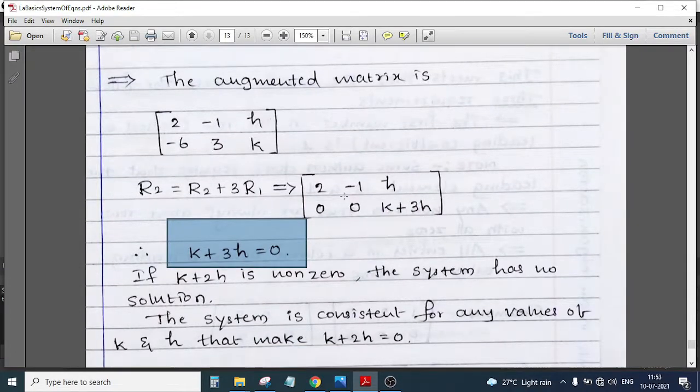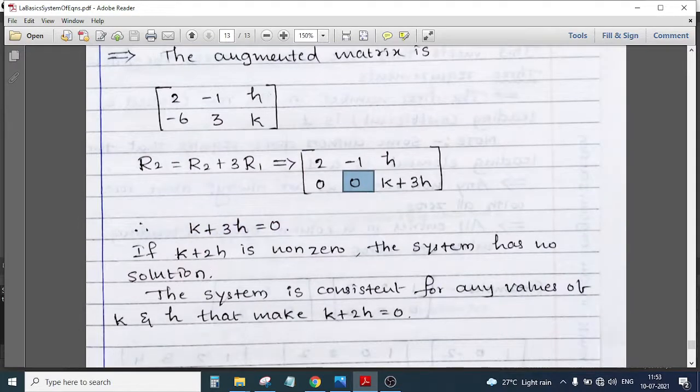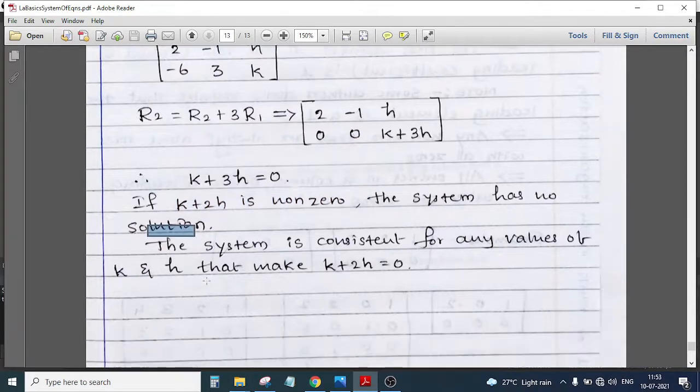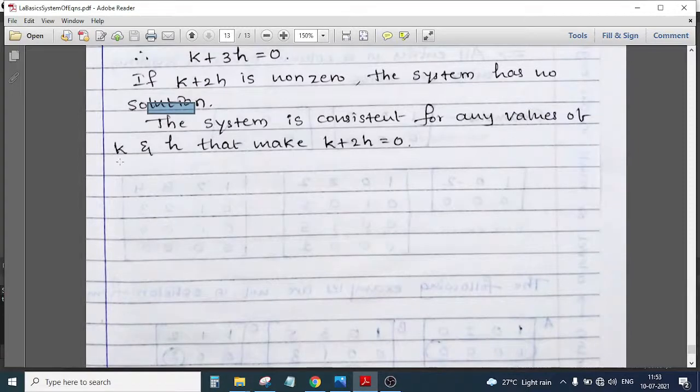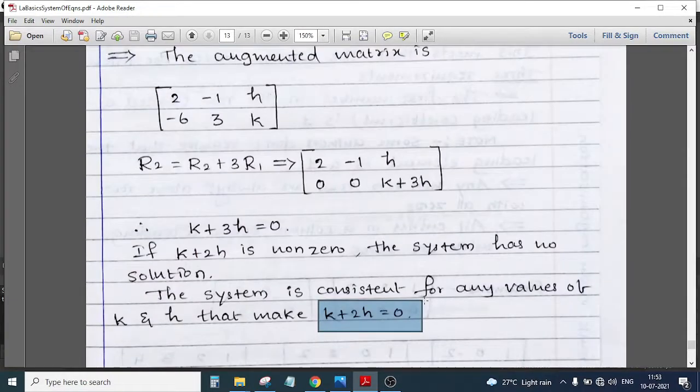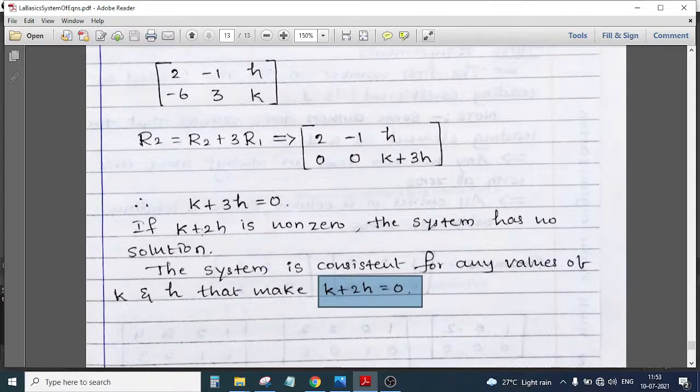Why 0? Because you can see here x3 term is 0. That means if our k plus 3h is non-zero, the system has no solution. That is, the system is consistent for any value of k and h that make k plus 3h equal to 0. Okay. So this is how a small mistake here. This should not be 2, this should be 3.